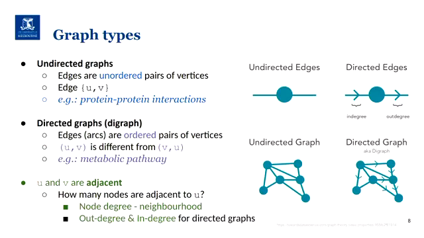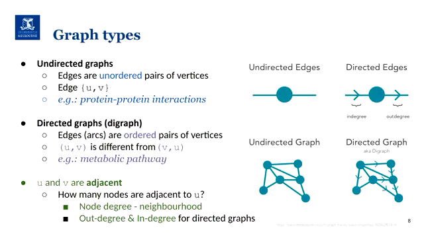If you have an undirected graph, the node degree is just the number of incident edges on that node. If you have a directed graph, you have two types of degrees: the in degree, edges arriving on that node, and the out degree, edges leaving that node. Okay? And that could have implications in terms of finding specific structures and substructures in your graph.